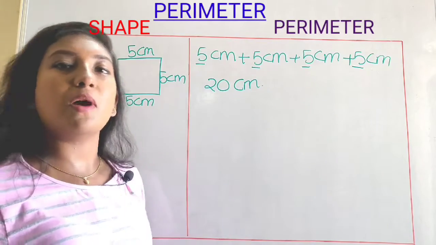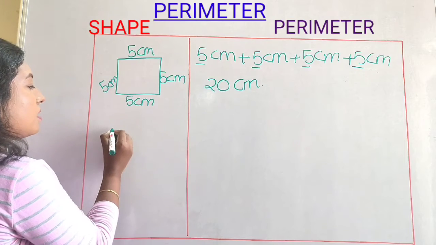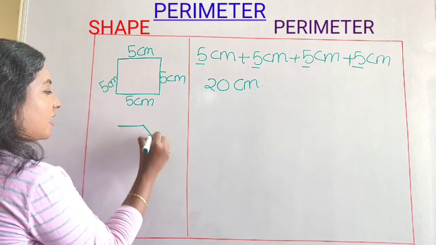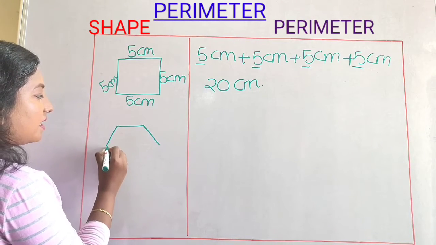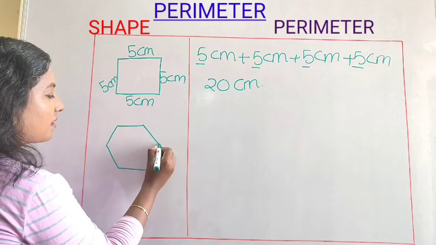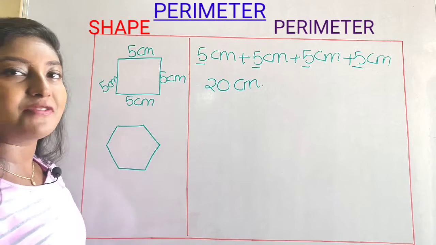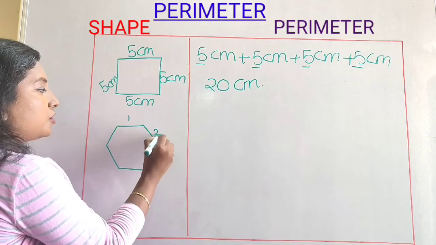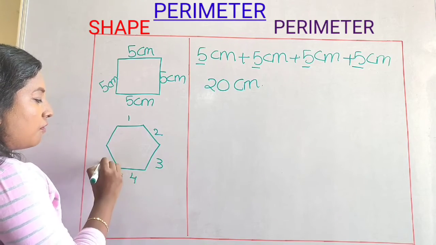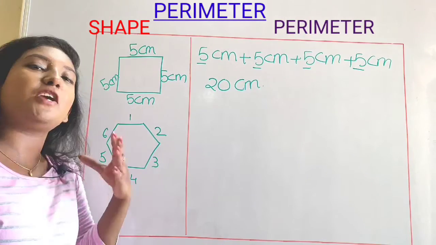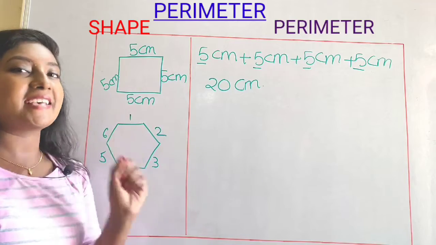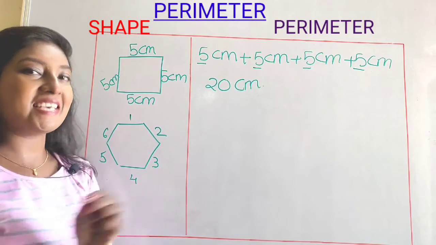Now let's take one more figure. So here I am taking a figure. How many sides do we have for this figure? 1, 2, 3, 4, 5, 6. We call this a hexagon because it has 6 sides.